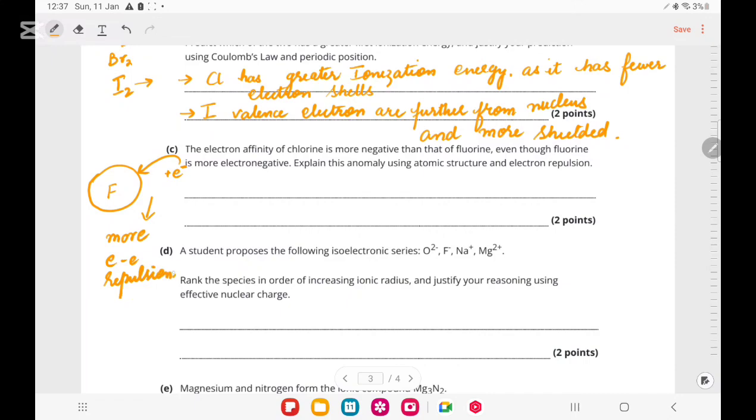So we can write that fluorine has more electron repulsion due to small atomic size.